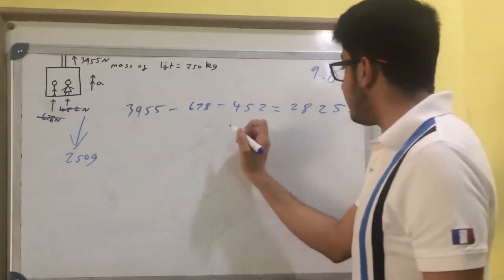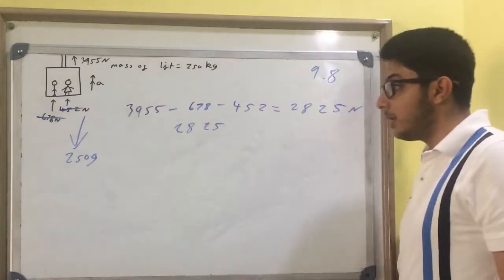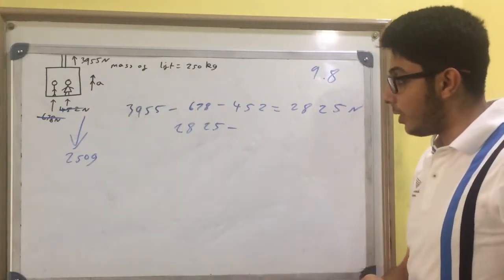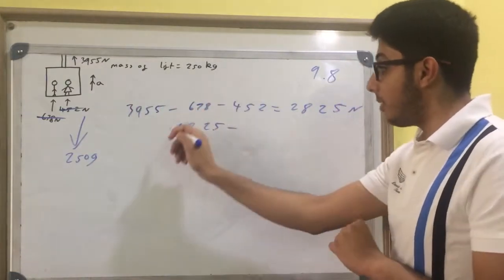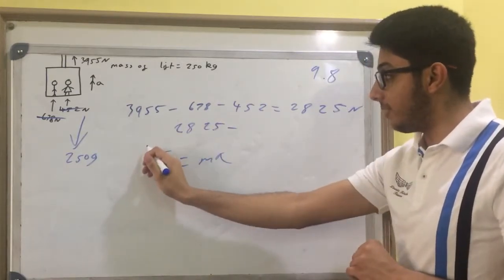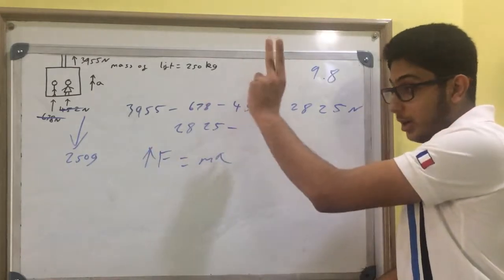Okay, so 2,825, the tension in the lift, excluding Albert and Bella. Take away the forces going down, because we're going to use now force is mass times acceleration. We're going to take the forces going up. So 2,825 is going up.